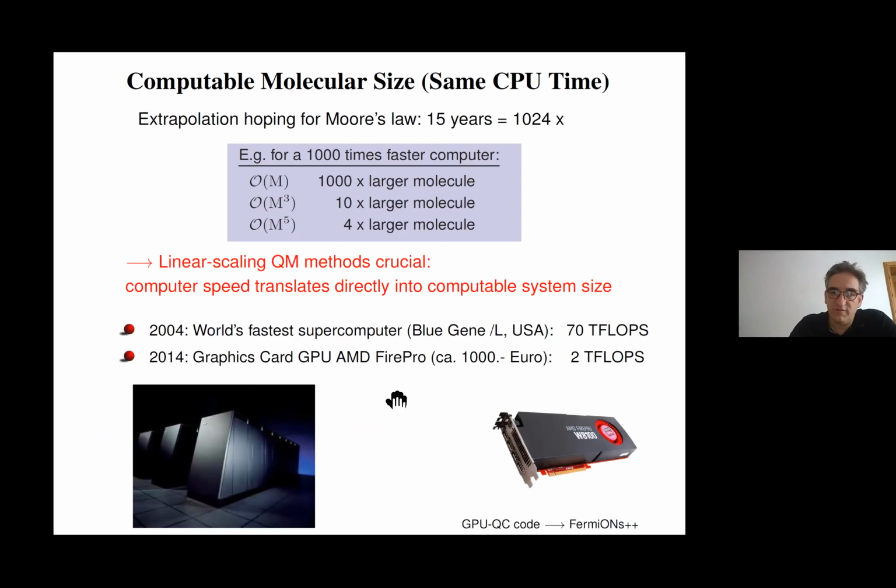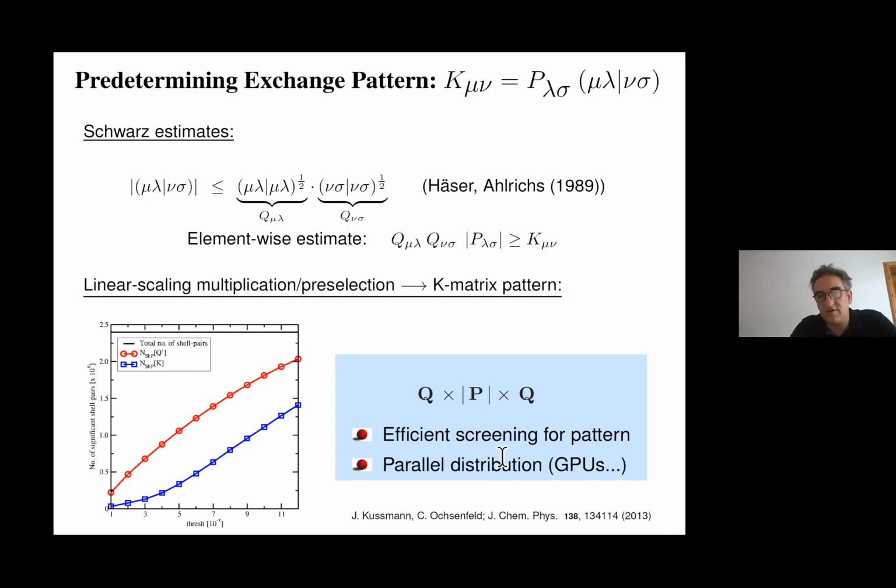So, but if we go back to the question, how can we exploit graphic cards or parallel structures, which are most common in computer technology today? The important point is that we need to formulate methods which allow us to distribute the tasks before computing them.